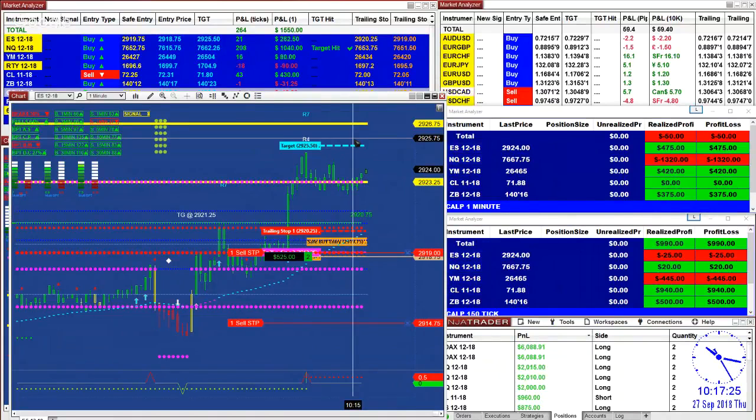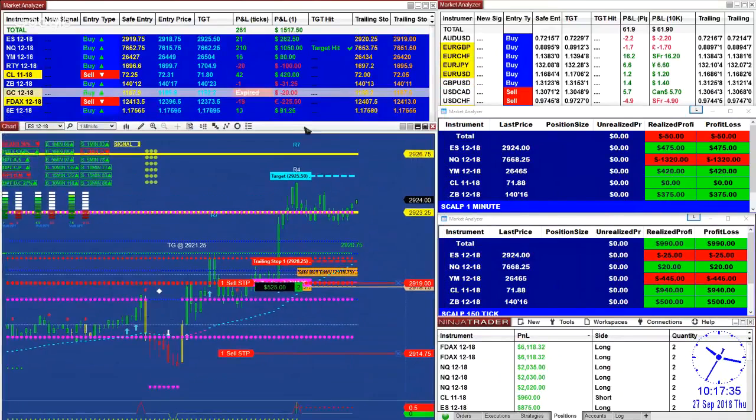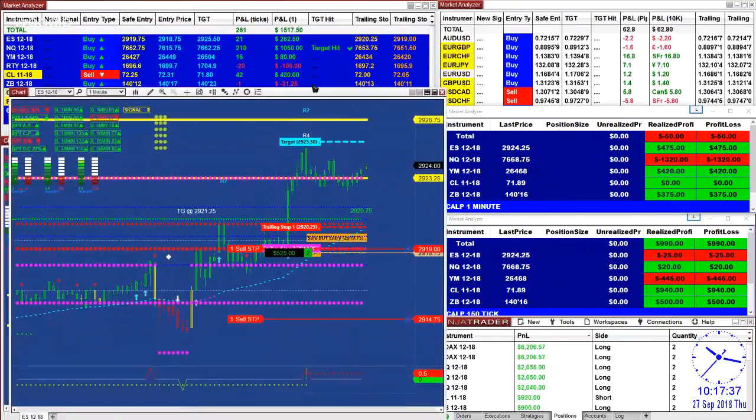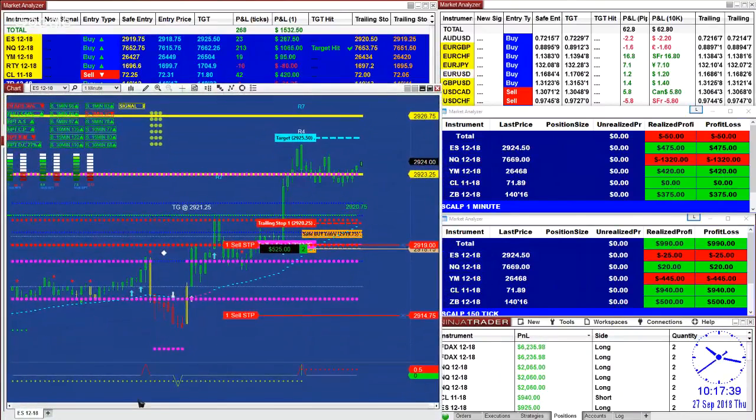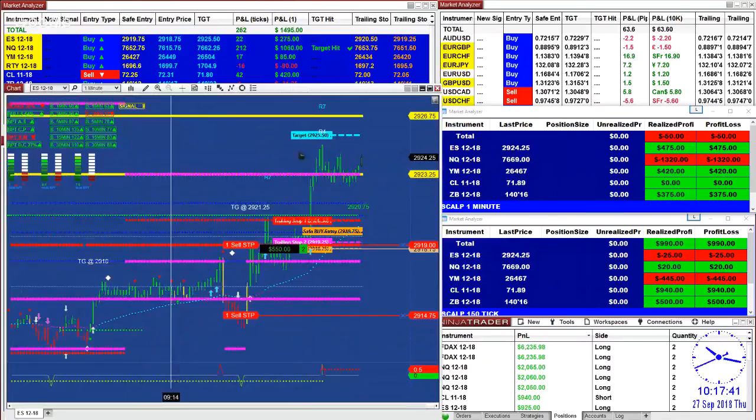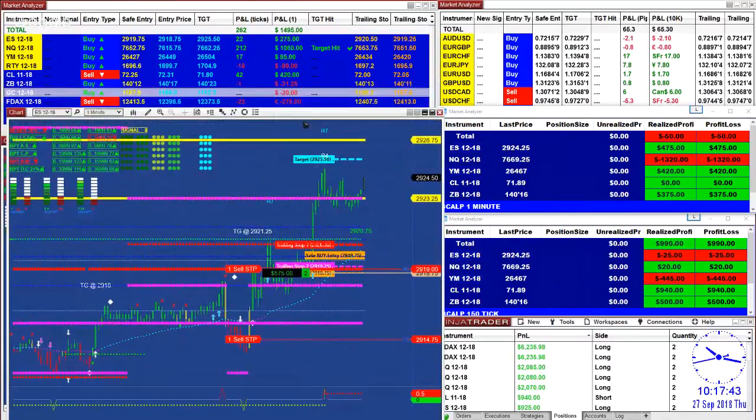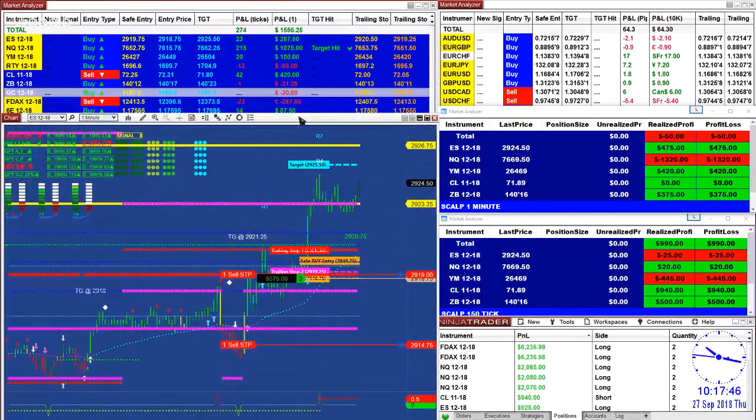So we're going to be sitting on the side a little bit, and it's probably going back to test the 29.25. Fair enough, but it's too late to take a long trade on the ES right now. It's very late.